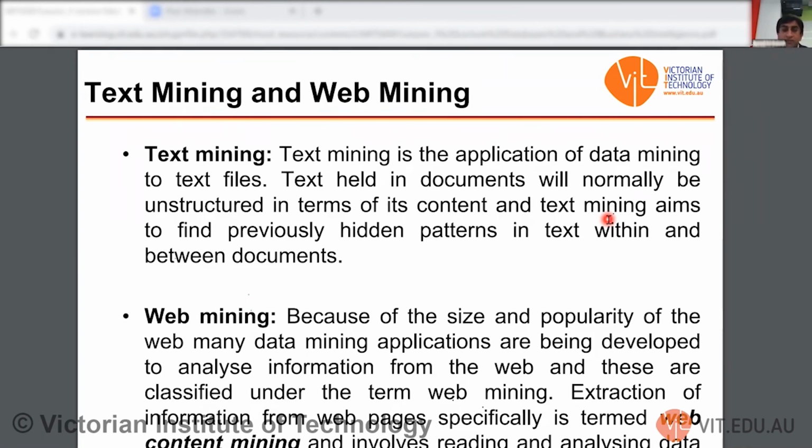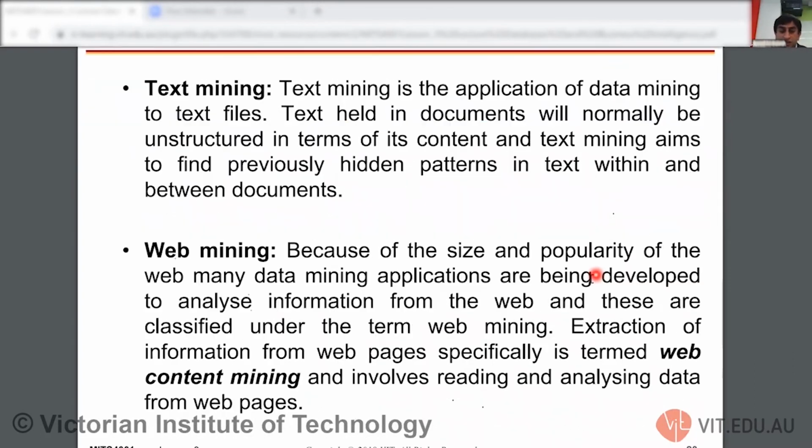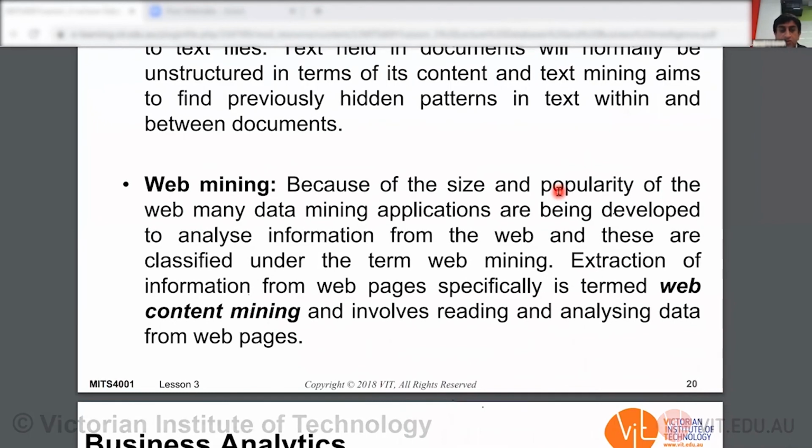Sometimes we need to mine text information. Sometimes it's useful to find out hidden patterns in any given text. And in web mining, we need to extract information from the web, and this type of content would be useful for us.